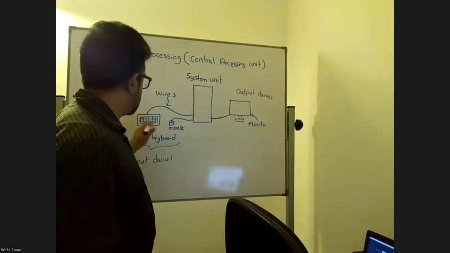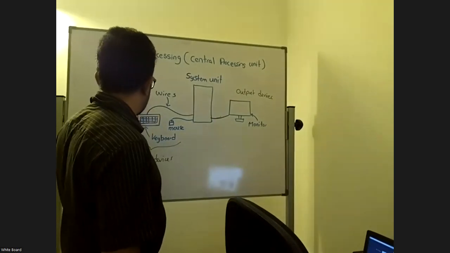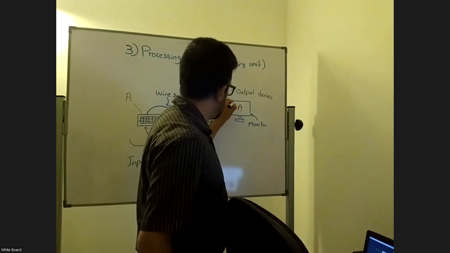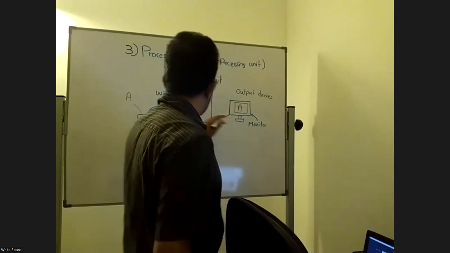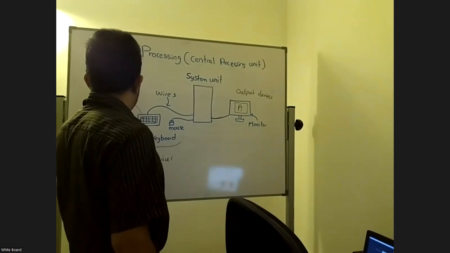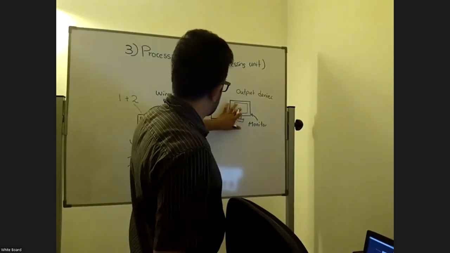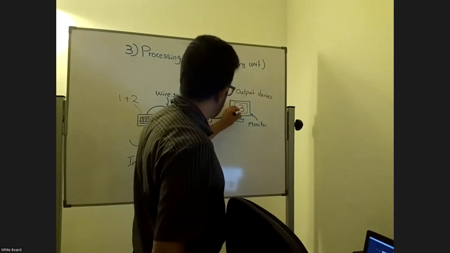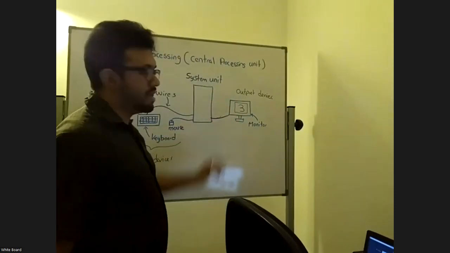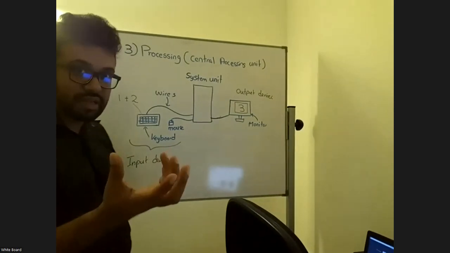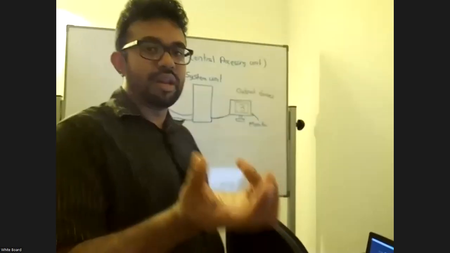If you type a letter from here, let's say you type letter A, it will be displayed. If you type two numbers and add them, 1 plus 2, 3 will be displayed here. You have used calculators, the calculator in your mobile phone.